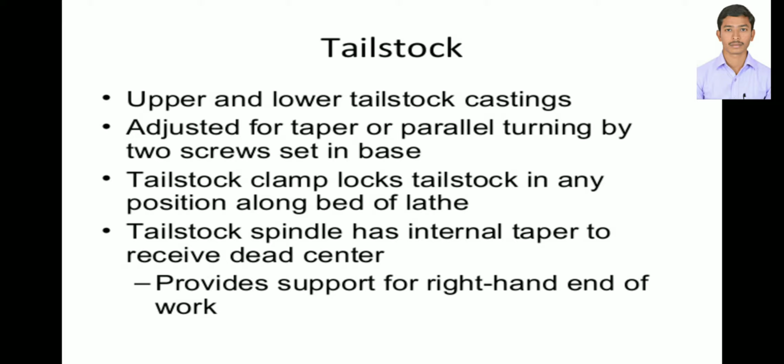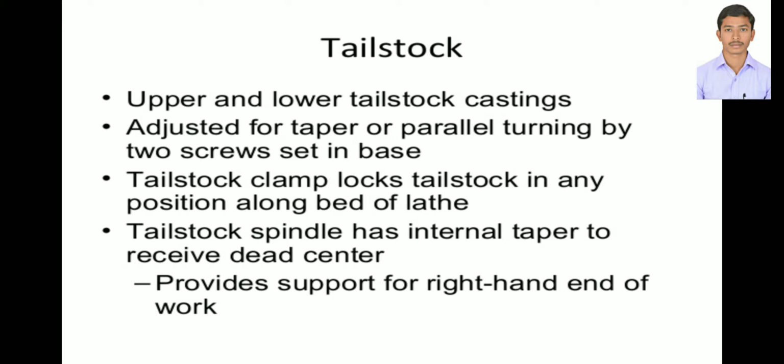The axis of the lathe machine is only one axis: the live center and the dead center share one axis of operation. The tailstock clamp locks the tailstock in any position along the bed of the lathe.